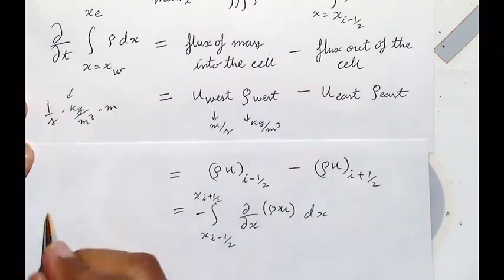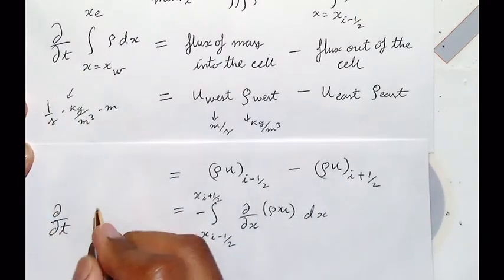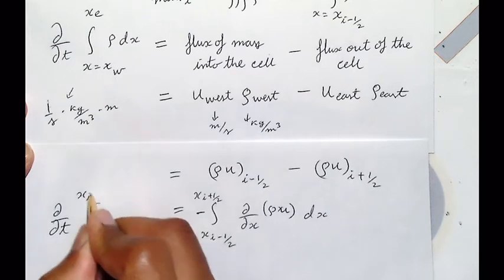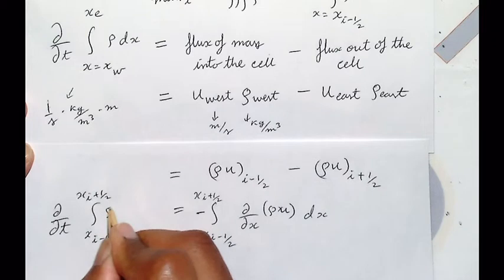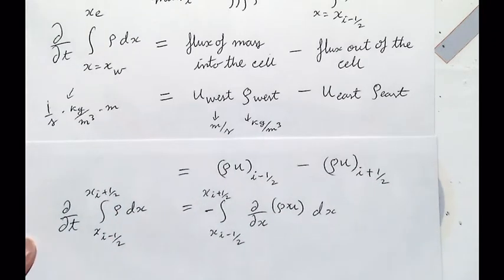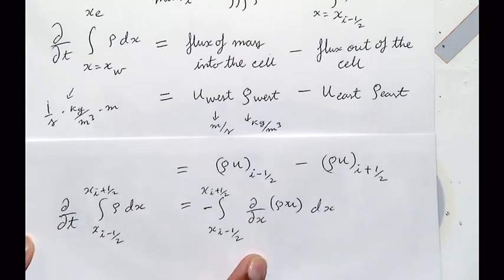Okay, and then on the left hand side we have del by del t of the integral from xi minus half to xi plus half of rho dx. All right. Rate of change of rho in the cell is because of flux of the rho across the cell faces. Let me bring that to the other side, and what do we get?